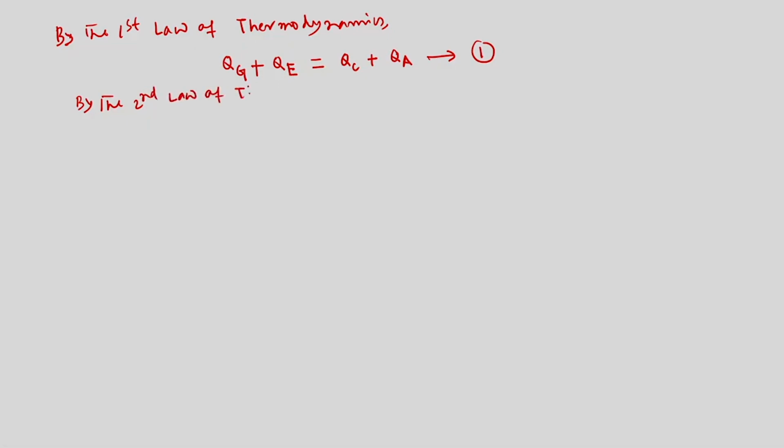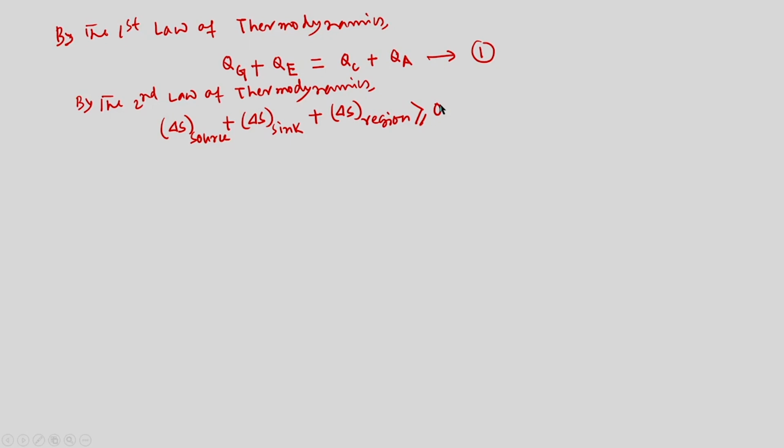And by the second law of thermodynamics, we have delta S, the entropy of the source, plus the entropy of the sink, plus delta S, the entropy of the region, which has to be greater than or equal to 0.